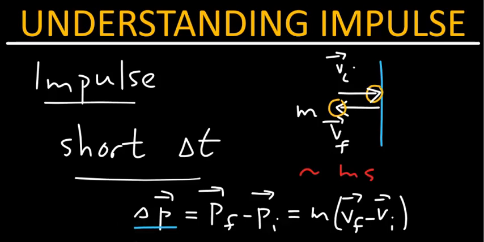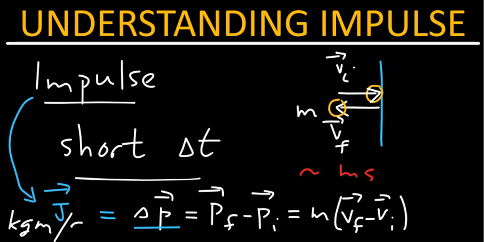The change of momentum of that ball is what we call the impulse in this collision. As you can see, impulse is a vector, and it has the same unit as that of momentum, kg meter per second.